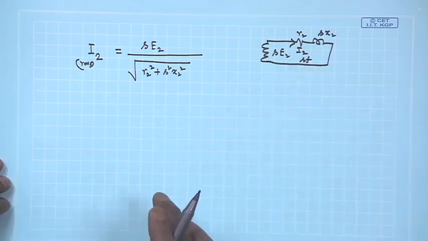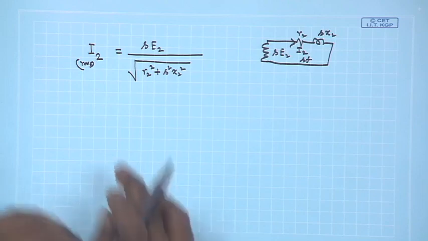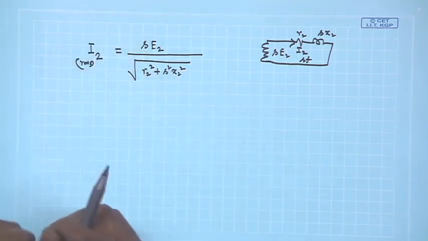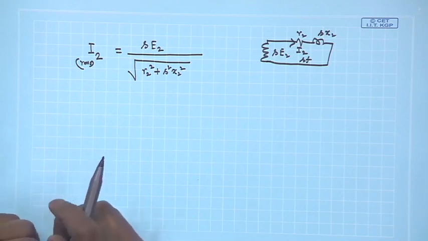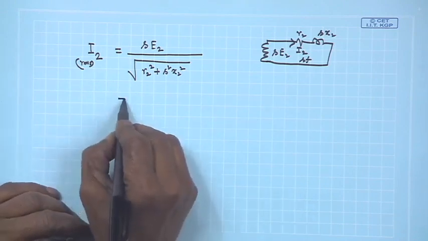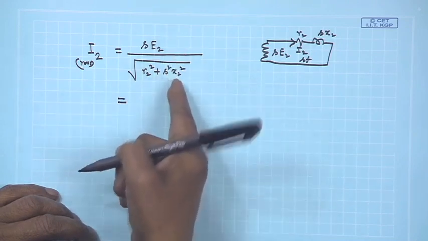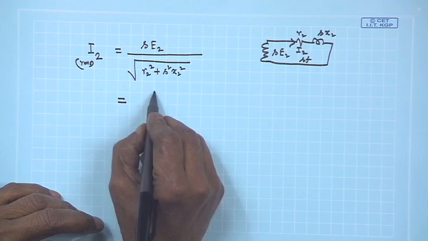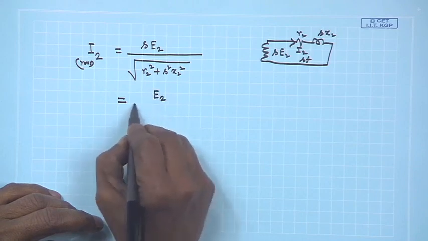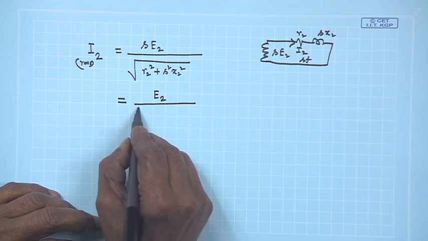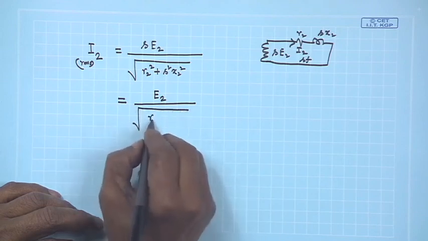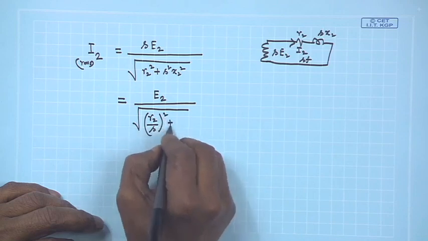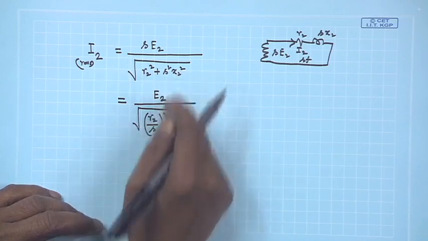Now, let us see this expression of the current; I will manipulate it a bit. In which way? I will divide both numerator and denominator by S, so that this will become E 2 divided by the square root of R 2 by S whole square plus X 2 square. This way I can write it.